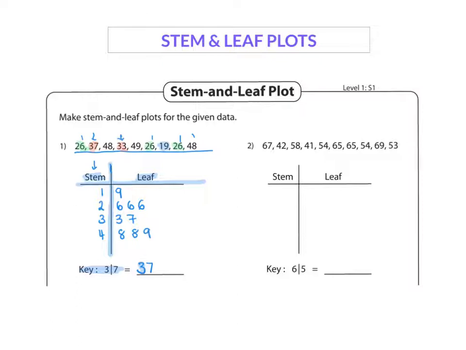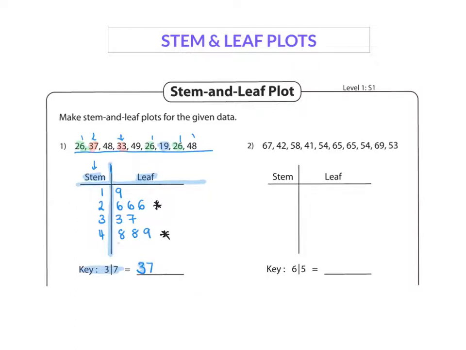So what you want to hope is that your leaves are all nice and spaced out evenly, so it looks like that. And what we can see too, if we look at this, is quickly what's the most popular category. The 20s had the most, as well as the 40s.